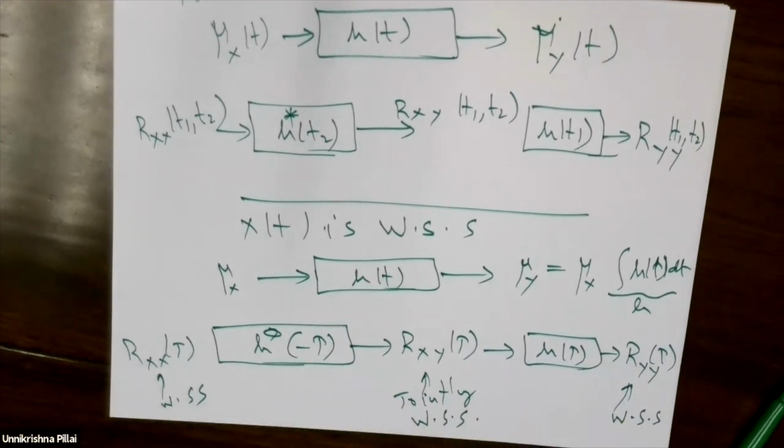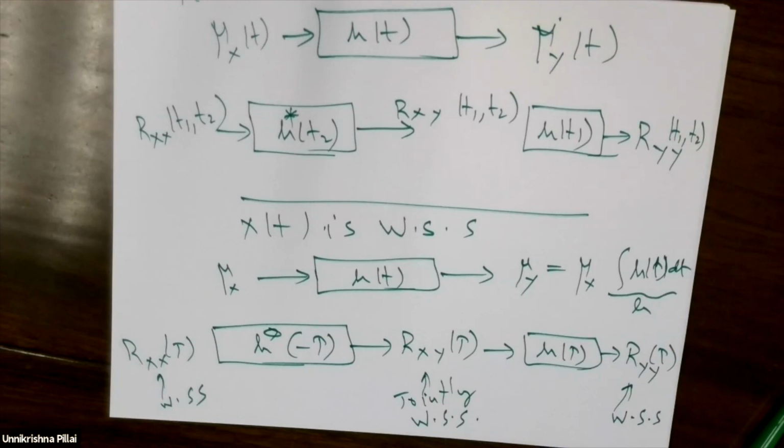So what I have proved is that if you apply a wide-sense stationary process as an input to a linear time-invariant system, the output is also wide-sense stationary. Remember, the system is linear, so if the input is Gaussian, what do you expect the output to be?